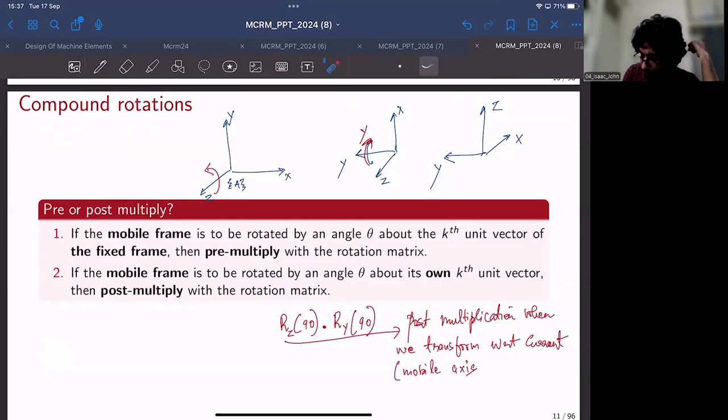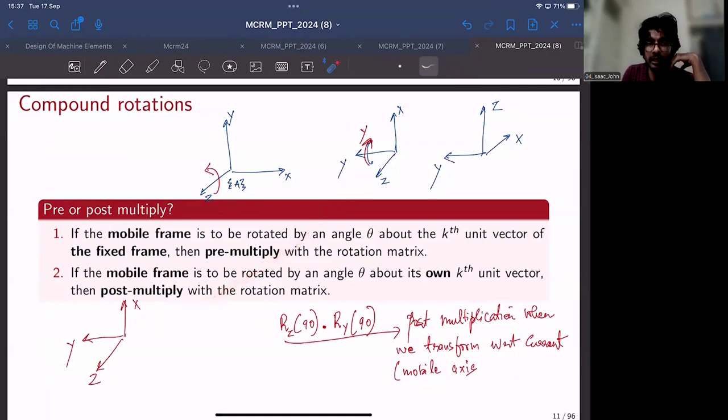What will happen if I do the same transformation, but instead of the current axis, I do it with the fixed axis itself? If this is the original axis, I'll do these manipulations with respect to the fixed axis alone. So the first rotation about the z-axis would be still the same. Z will be like this, x would be like this, and y would be like this, exactly similar to this.